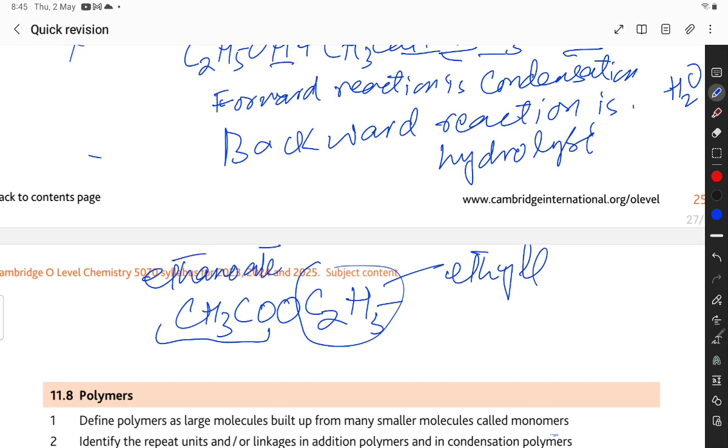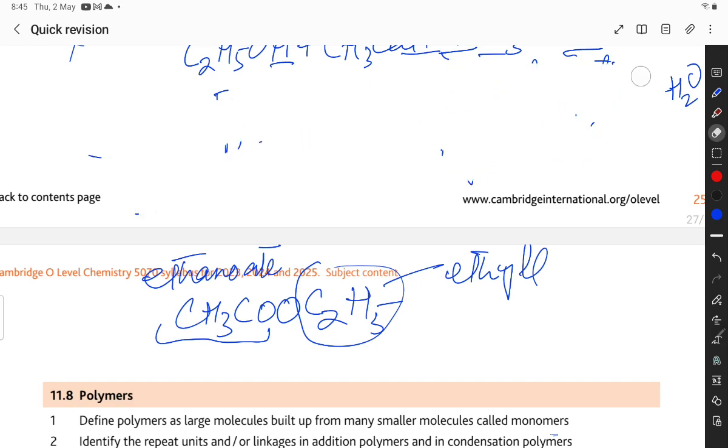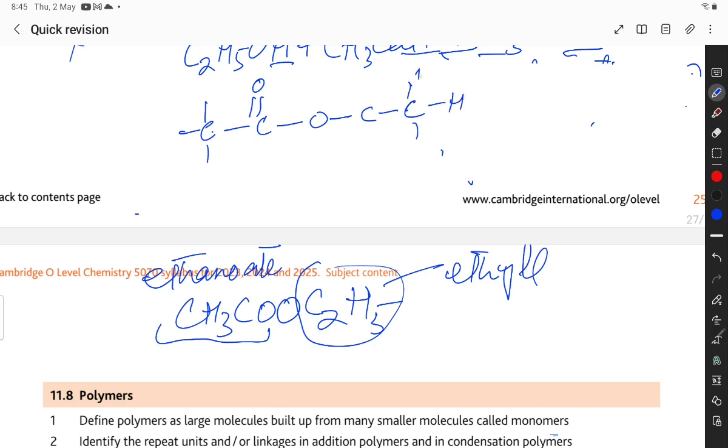If you draw the structural formula of this compound, draw it like this: C double bond O, this is ethanoate, with 1 and 2 carbons. Now this part is ethyl, C2H5.